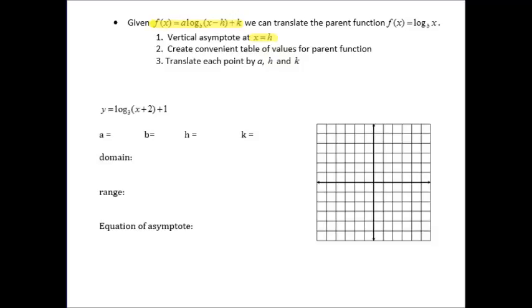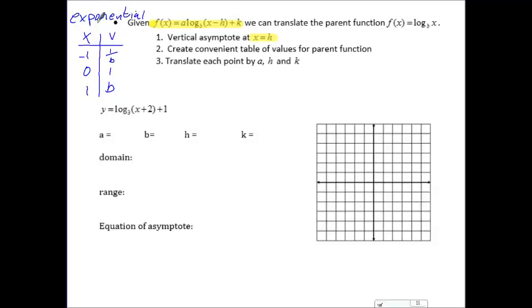So let's remember the table of values that we have used for our exponential function. When x was -1, 0, and 1, y would be 1 over b, 1, or b. These are key values for the exponential function.